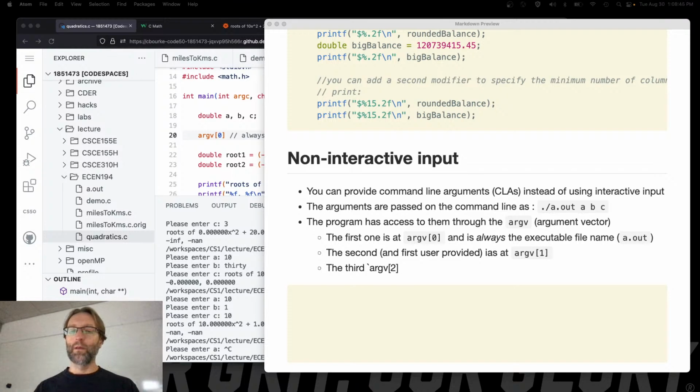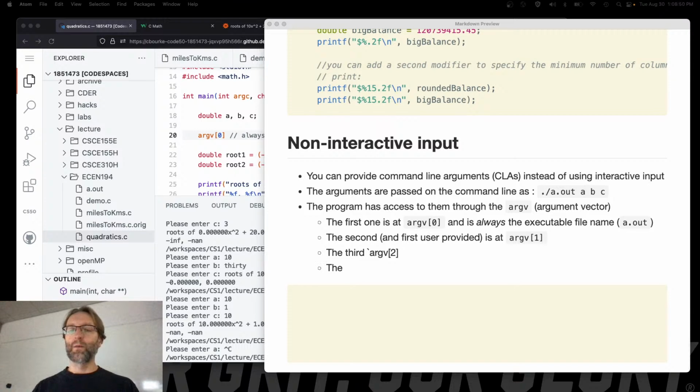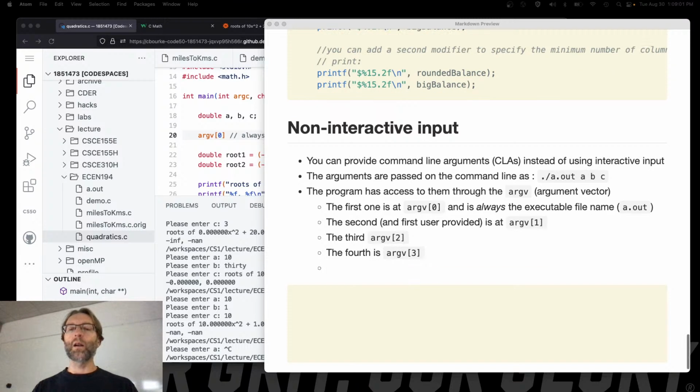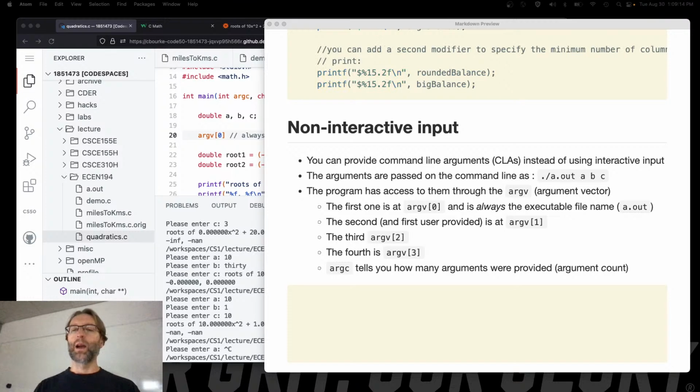And just predict, where would the fourth be? argv sub 3, etc., etc. So how do you know how many there are? argc tells you how many arguments were provided. It is the argument count. And that's why it's a C, argc.